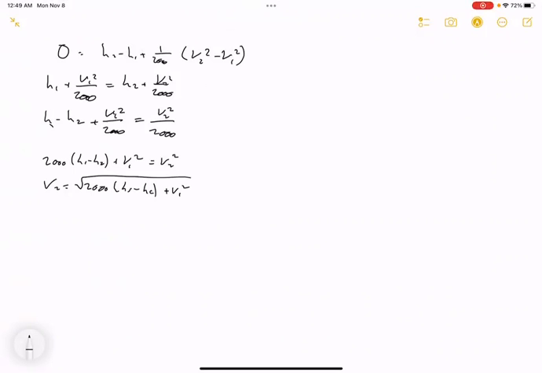Now, one thing to note: yes, we know the inlet velocity. We do not, however, know explicitly the change in enthalpy. But what do we know? We know that for an ideal gas, which we will approximate this as, the change in enthalpy is Cp delta T. And do we know the change in temperature?